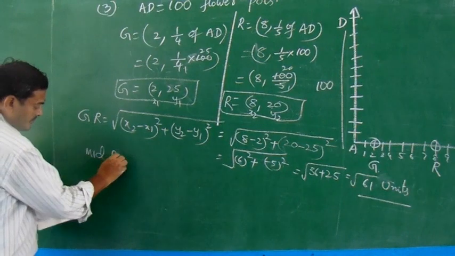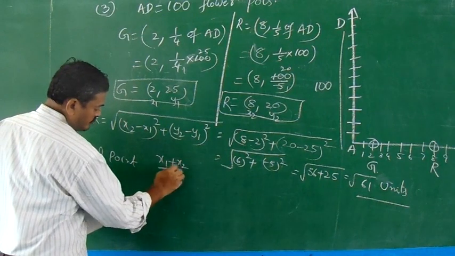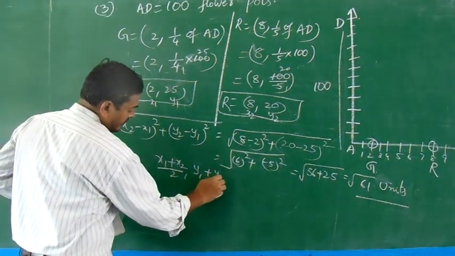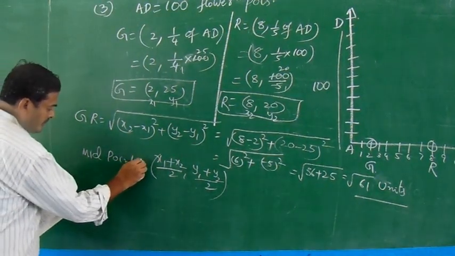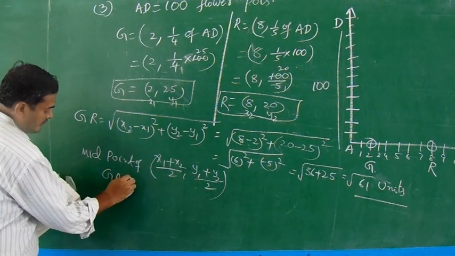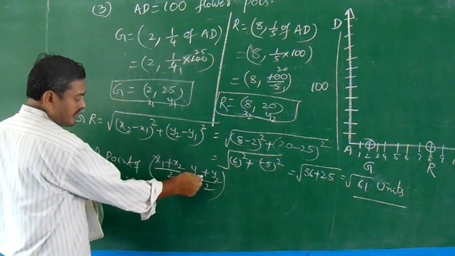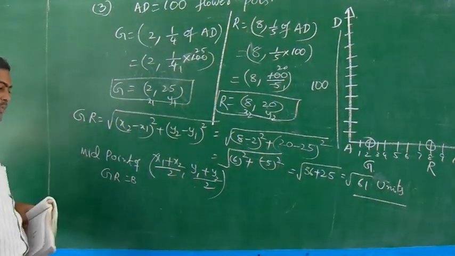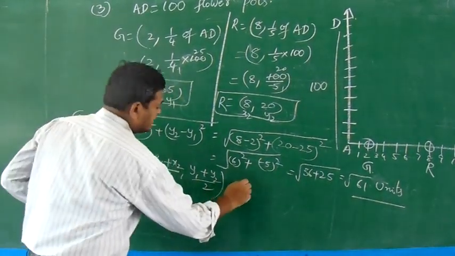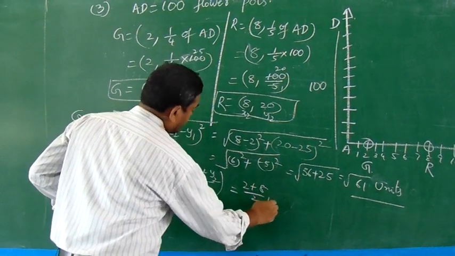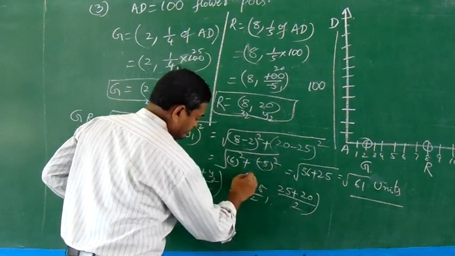Midpoint equals (x1 plus x2) by 2, comma (y1 plus y2) by 2. This is the midpoint formula, the midpoint of green and red. The coordinates of B are (x1 plus x2) by 2, comma (y1 plus y2) by 2. Here that is 2 plus 8 by 2, comma 25 plus 20 by 2.